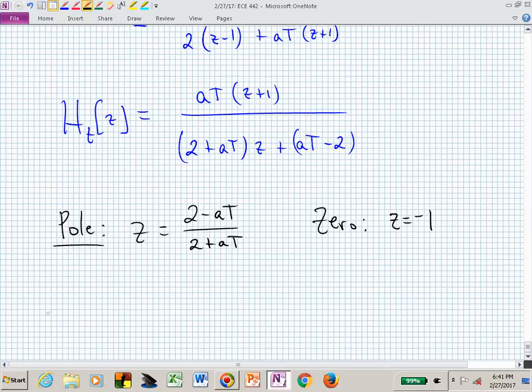And what's our DC gain? So now we have 2's are wild in this case, aren't they? In the denominator, if I put in 1, I have 2 plus AT minus 2. I have 2 ATs.